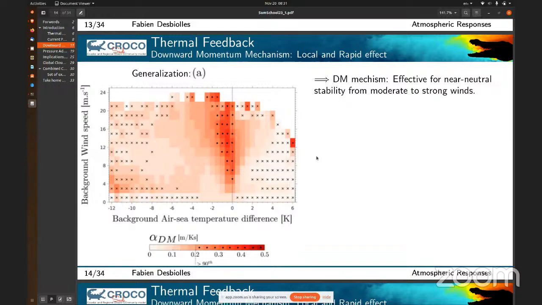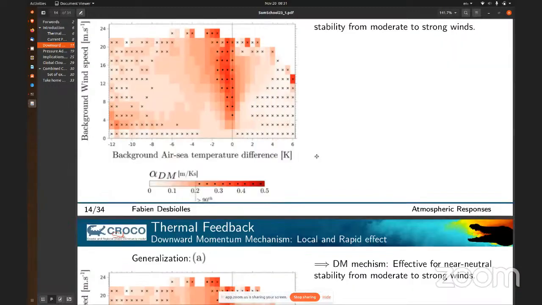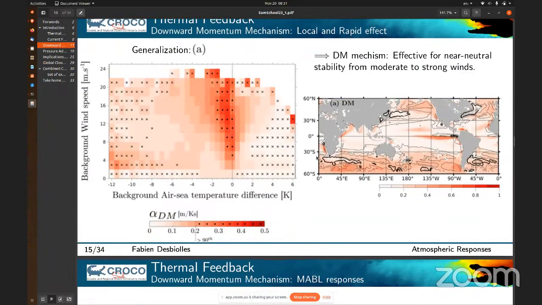and where we have, most of the time, this condition that favors this downward momentum mixing. And here I show you the map of the frequency where those conditions are happening, with the black dots. And we see that those conditions happen mostly at moderate to high latitudes, and also for the eastern cold tongue.